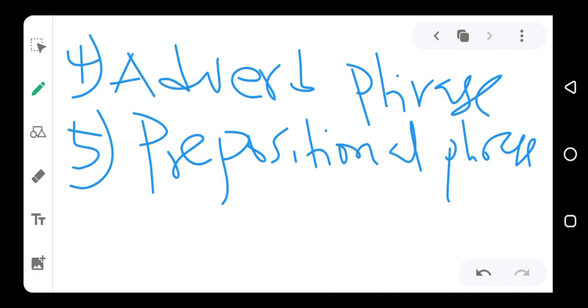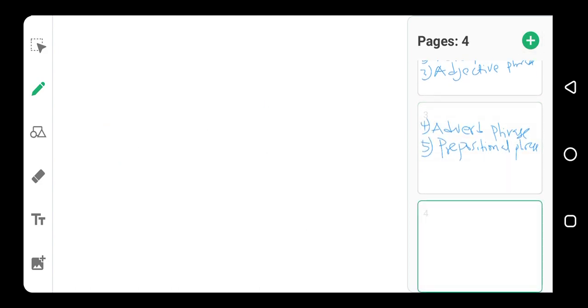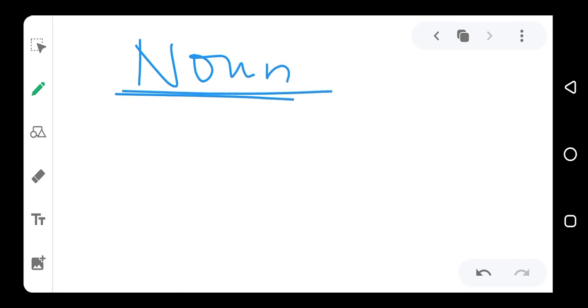Now for noun phrase, what is a noun phrase? A noun phrase is a group of words that are built around a noun without a verb. When we have a group of words that are built around a noun and which lacks a verb, we call it a noun phrase.